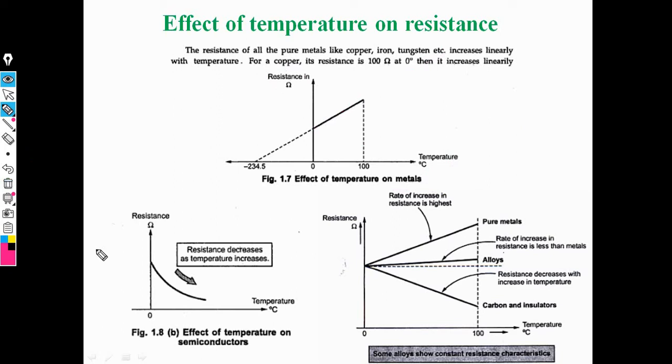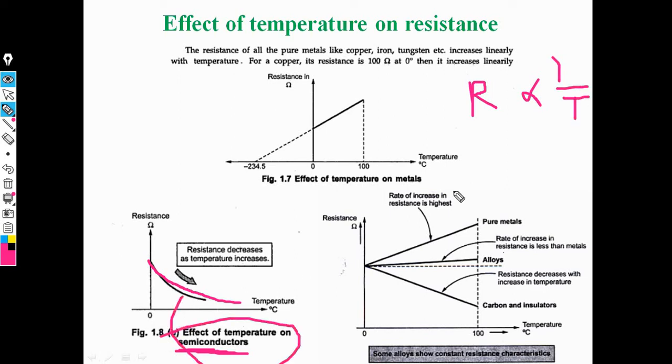Then here we have considered semiconductor material. The value of resistance decreases as temperature increases in semiconductor material, because here resistance is inversely proportional to temperature. Then if resistance increases, temperature decreases. This is the phenomenon of the effect of resistance and temperature on semiconductor material.